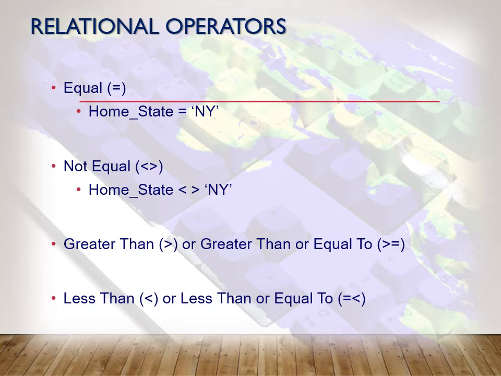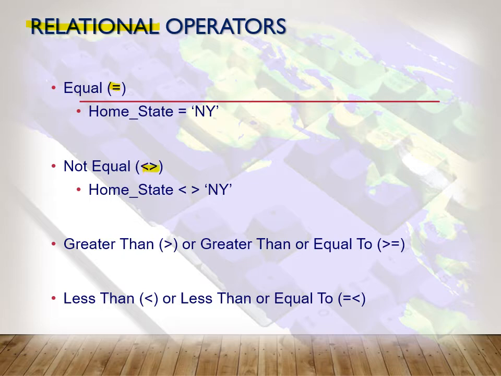So the way you do this, when you're trying to select a specific piece of data, or you're using numeric data and you need to have data greater than or less than, we call that relational operators. So you have your equal sign, which is pretty easy to understand.